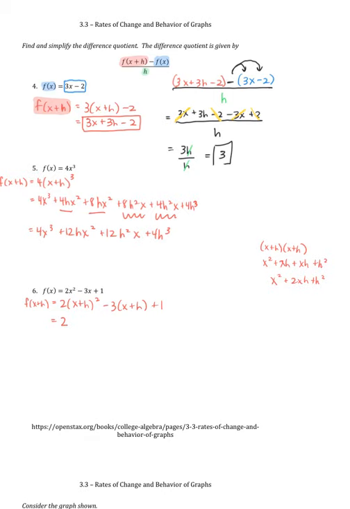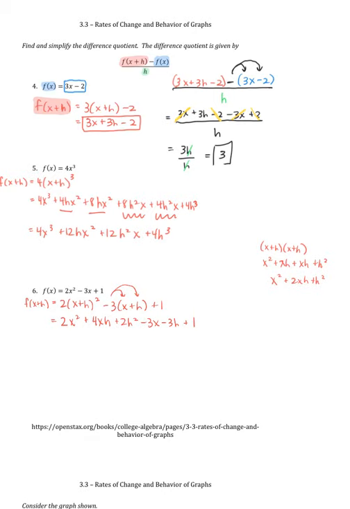And then we've got to multiply that all by 2. So we're going to have 2x squared plus 4xh plus 2h squared. Then we have to distribute the negative 3. So negative 3x minus 3h plus 1. There are no like terms, so that's my f of x plus h piece.